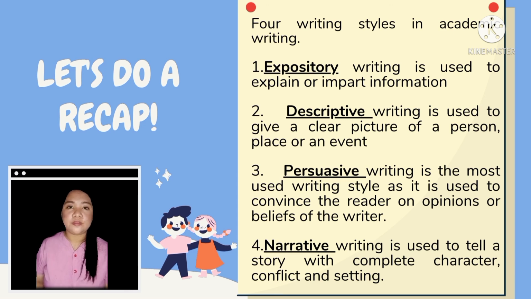Third is persuasive writing, which is the most used writing style as it is used to convince the reader of an opinion or of a belief of the writer. And lastly, the narrative, which is used to tell a story with a complete character, conflict, and setting.